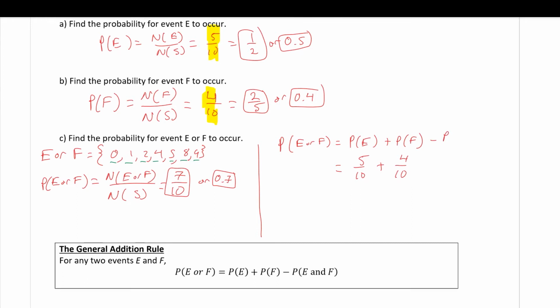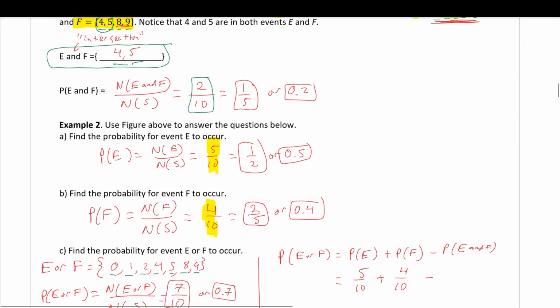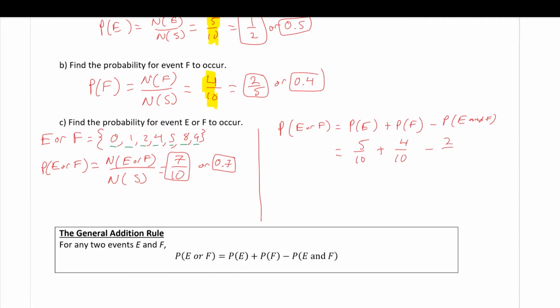So you subtract off E and F, and that, of course, from above is 2/10. They all have the same denominator of 10. 5 plus 4 minus 2, that gives you 7/10. So this business here removes any double counting.